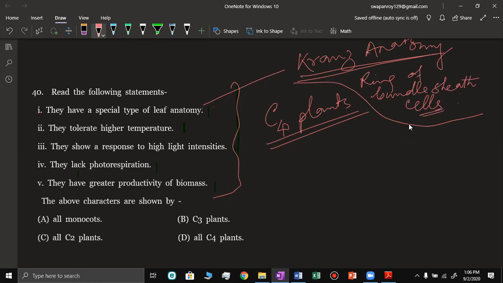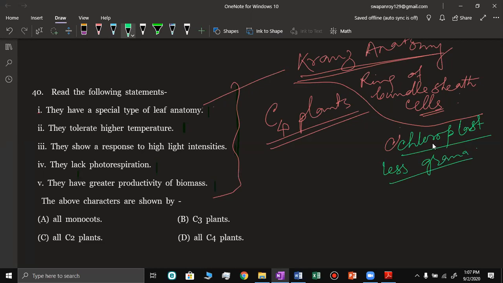And then in their chloroplast, grana is less and stroma is more. Why less grana?